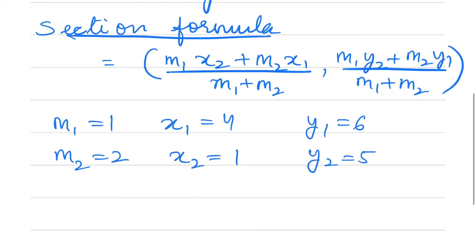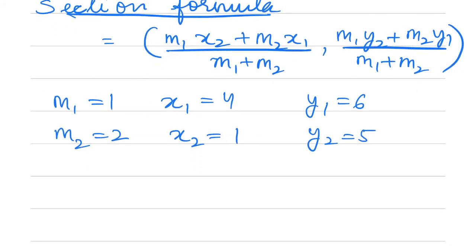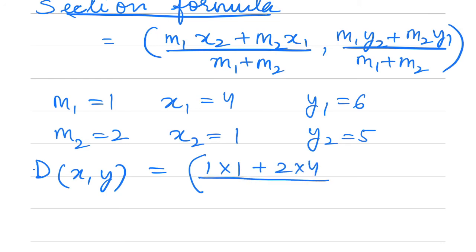So now let's substitute. Coordinates of point D: for x we have (1 into 1 plus 2 into 4) divided by (1 plus 2), and for y we have (1 into 5 plus 2 into 6) divided by (1 plus 2).